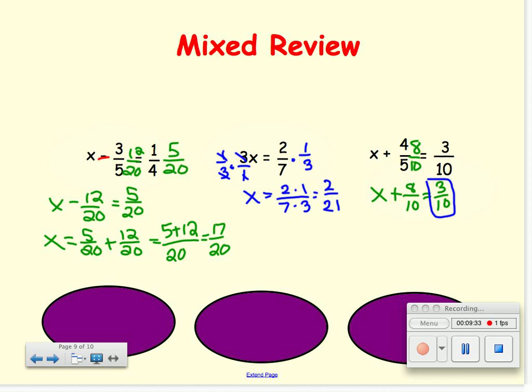So I'm going to say x is equal to 3/10, take 8/10 away. It's not 8/10 minus 3/10. I keep this fraction there. So now I go x is 3 minus 8 over 10, negative 5 over 10, negative 1/2.